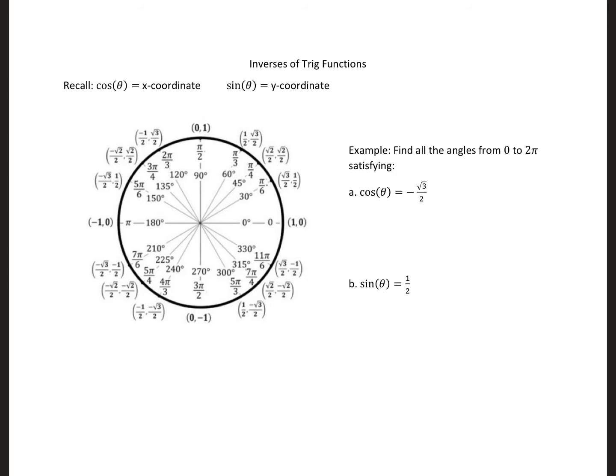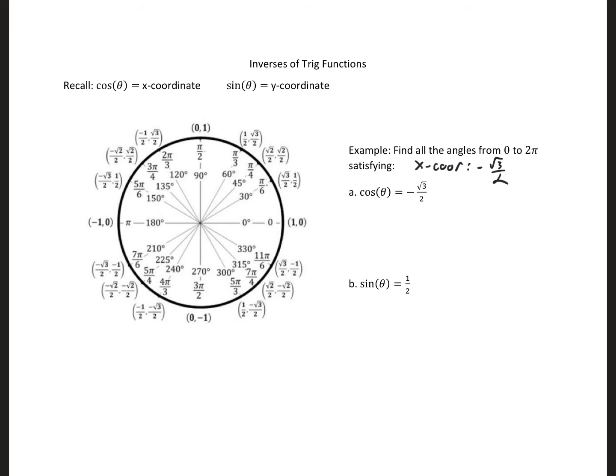So for example, if I wanted to know all of the angles from 0 to 2 pi that, when we plug them in, cosine of that angle is negative square root of 3 over 2, then what I'm looking for is the places where the x-coordinate is negative square root of 3 over 2.